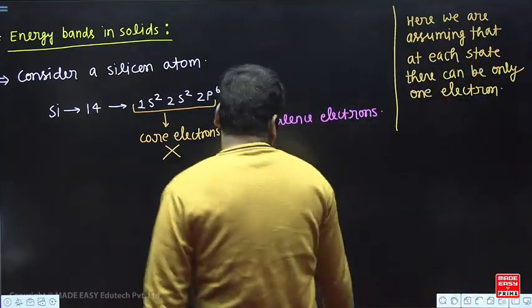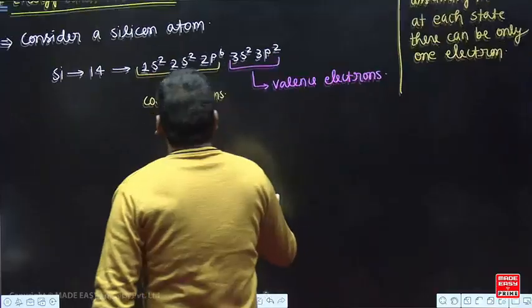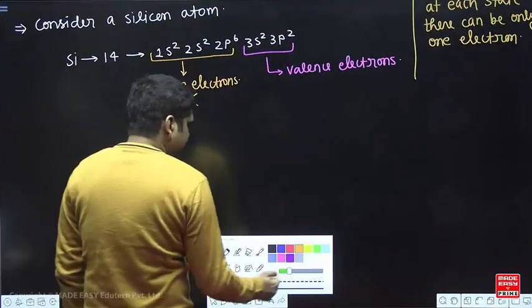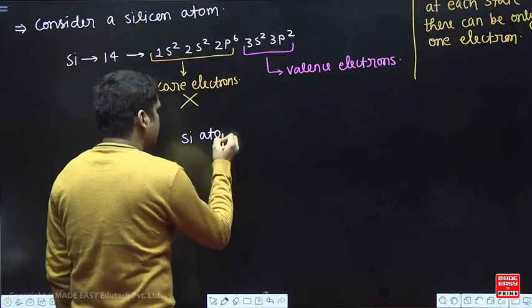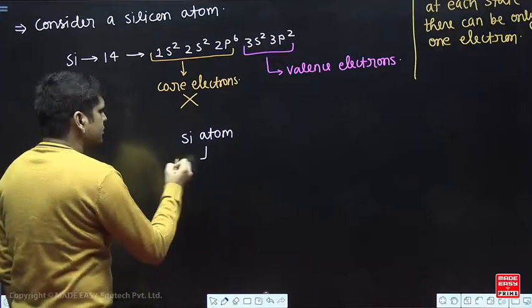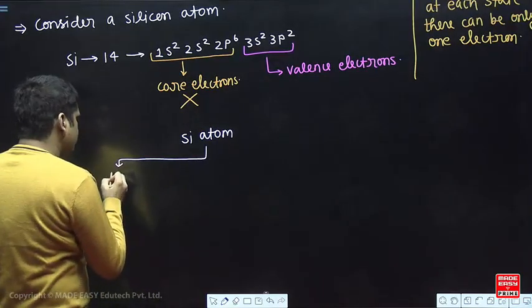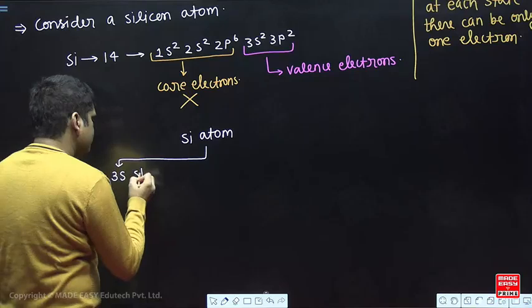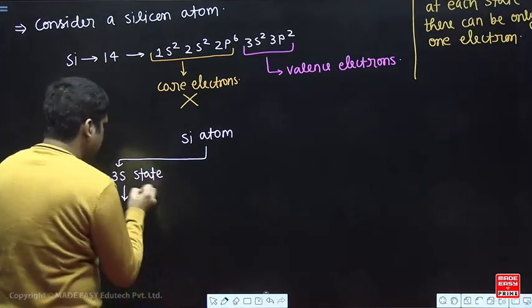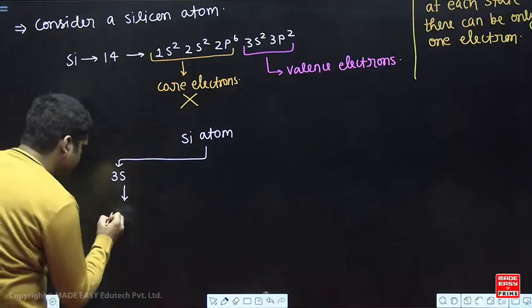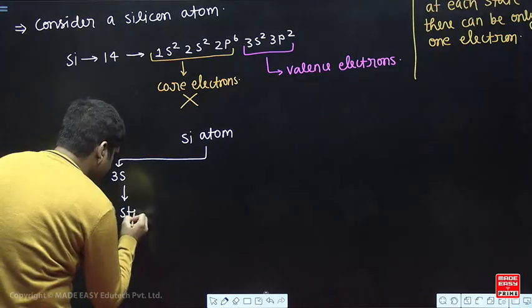ठीक है जी, आइए जरा देखते हैं. So in this silicon atom, मुझे थोड़ा ध्यान से सुनते चलें. Forget about the inner one. We have the 3s state. So this 3s has 2 states.